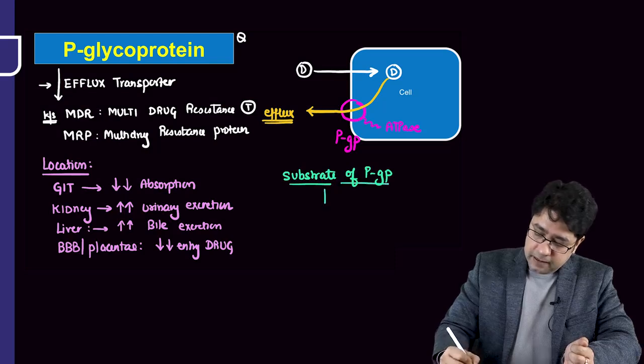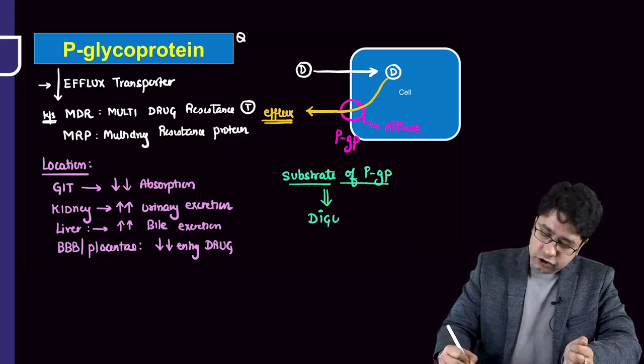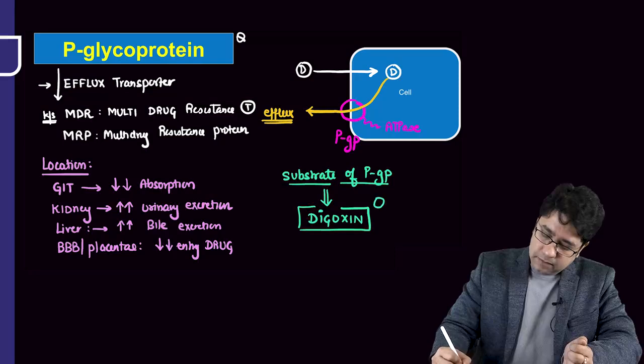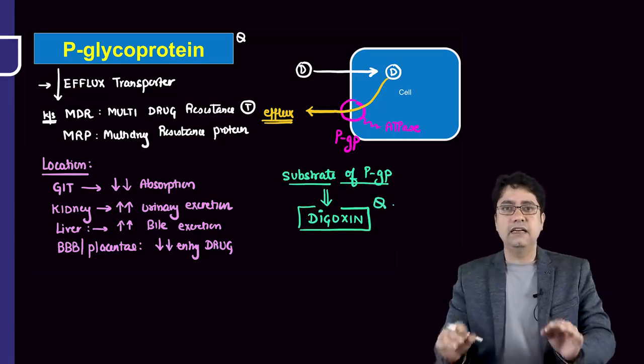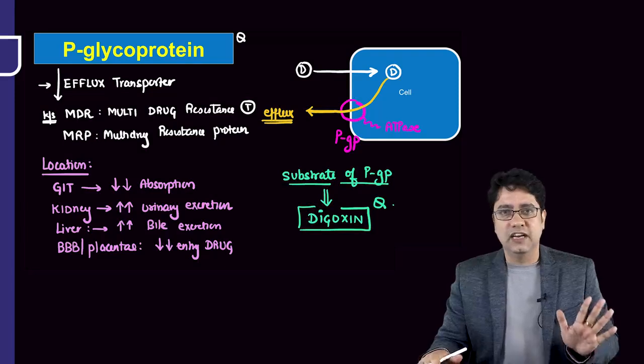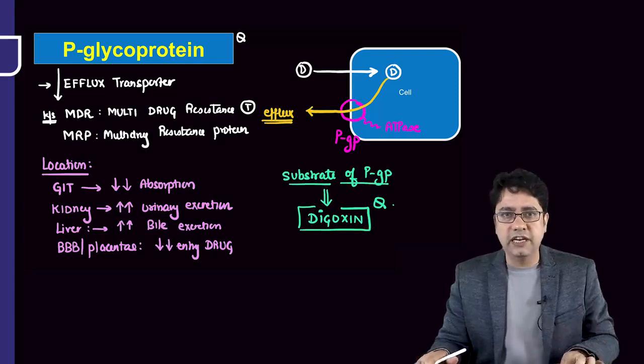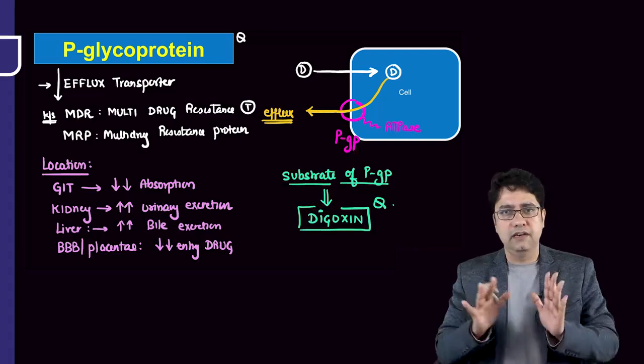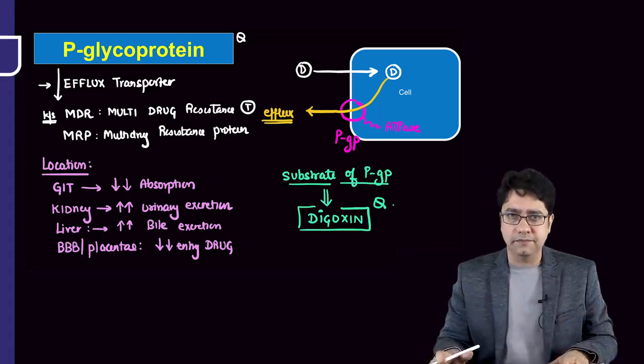And a very important drug you must remember is digoxin. Although there are plenty of other drugs also, you have to remember only one drug, that is digoxin. So digoxin is a substrate of P-glycoprotein. Digoxin is given in heart failure.